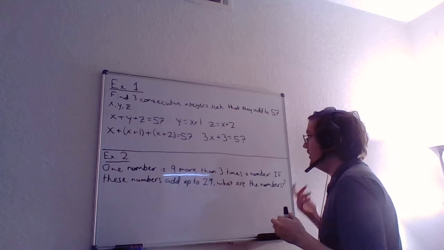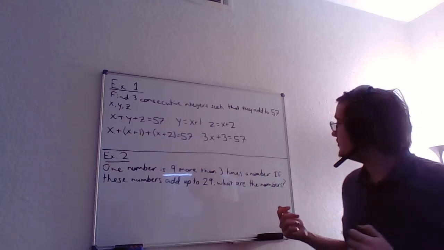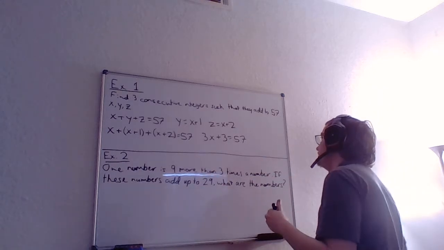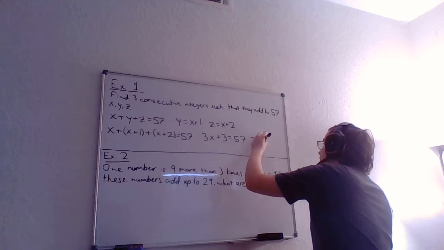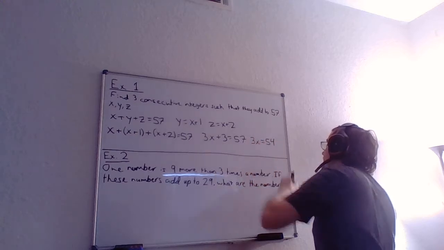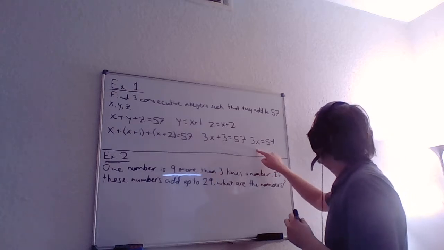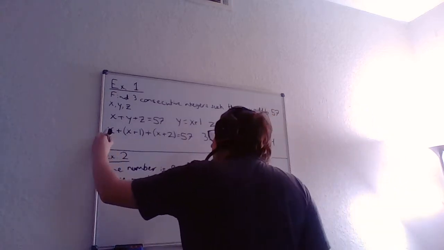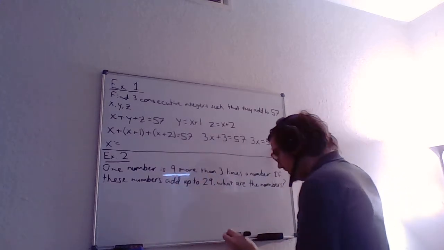Now, at this point, it just comes down to solving for x. So if I subtract 3 from both sides, I'm going to get 3x equals 54. And then I divide both sides by 3. What's 54 divided by 3? That's going to be 18.